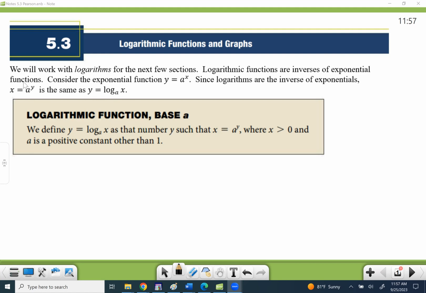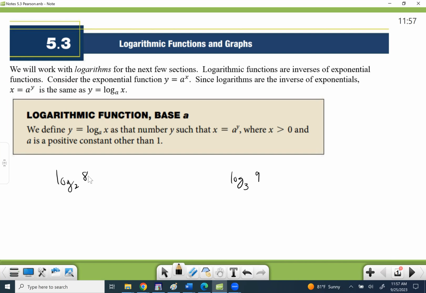So they've decided to write this in the following way to get the y by itself, okay? So logarithms are just exponents. And to show you that, let's go through a couple of these really quickly so you can see what I'm saying. If I ask you these questions right here, I'm asking you for the exponent.